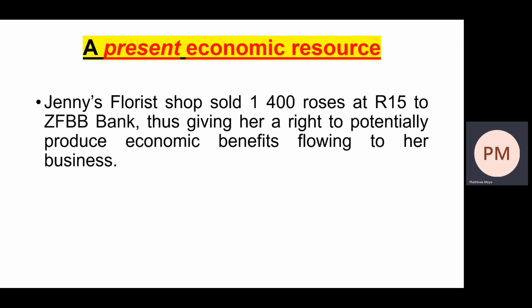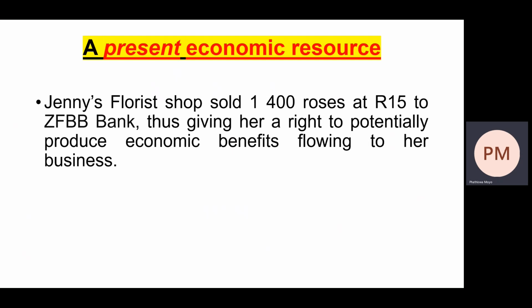Now we have to apply. When you're answering this question, you must put the definition down and then apply. Sometimes you just do two columns: on the left, you write the definitions and recognition criteria, and on the right, you put the application. It makes it easy to ace the conceptual framework and get a distinction. So, a present economic resource.